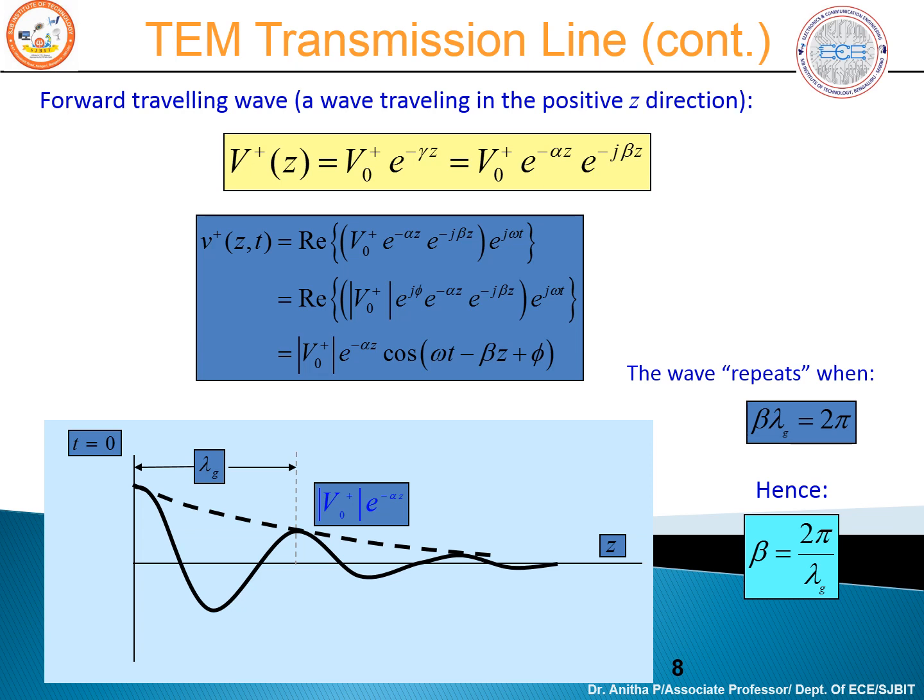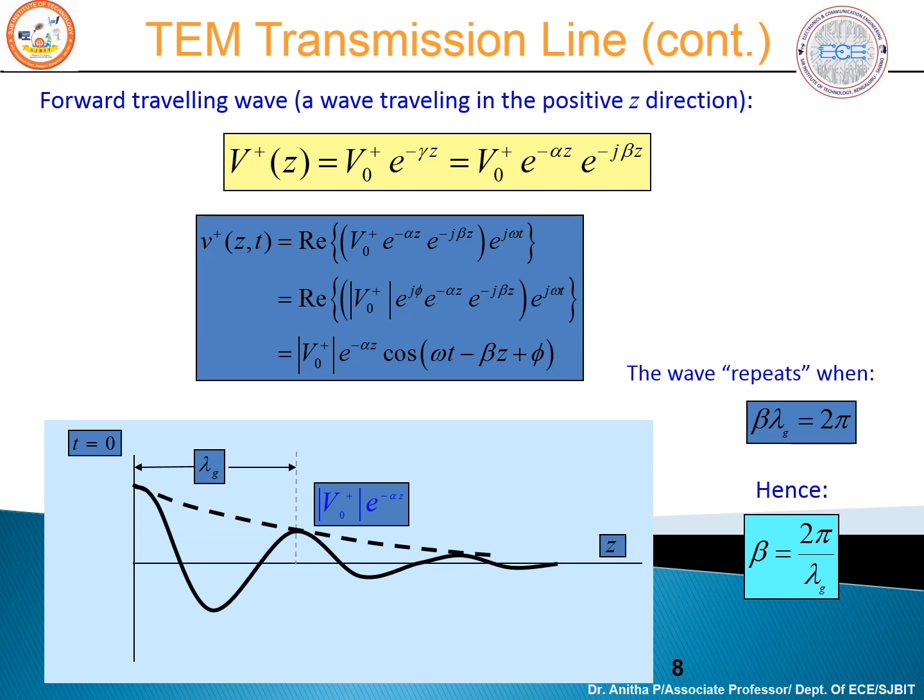For the real part, we know that e power j theta can be represented as cos theta plus j sin theta. Since we are considering the real part, you'll have the cos theta part. You can represent that as v naught into e power minus alpha z, times the real part of the remaining, which is cos of omega t minus beta z plus phi.